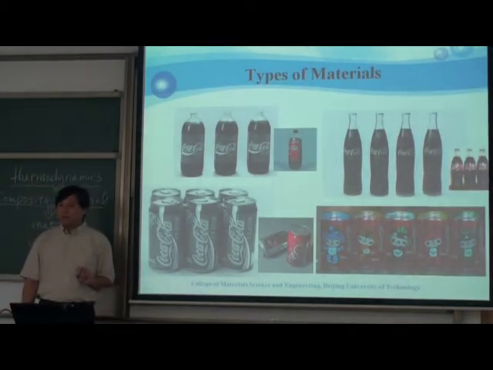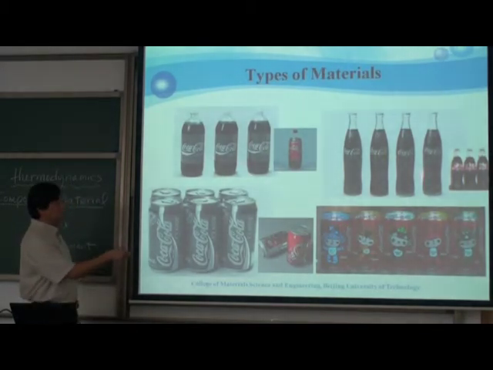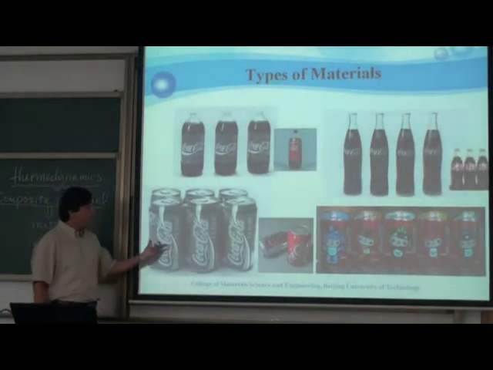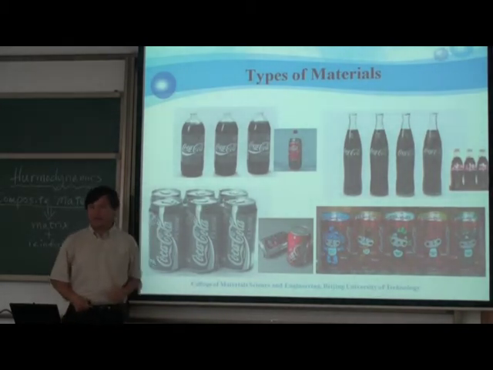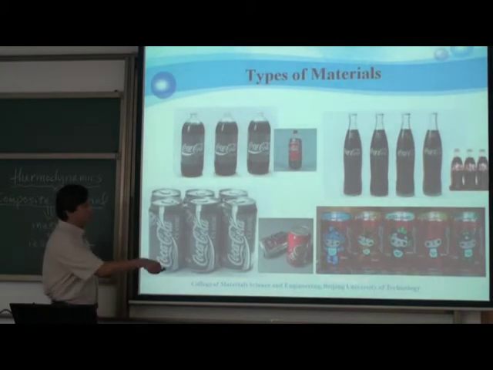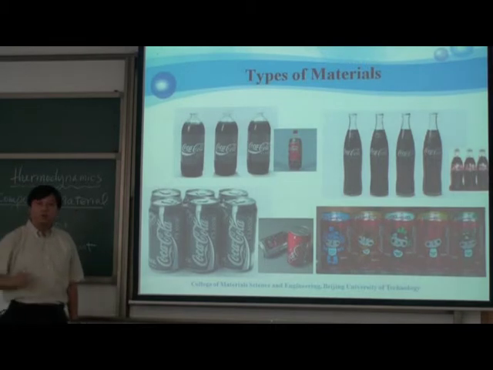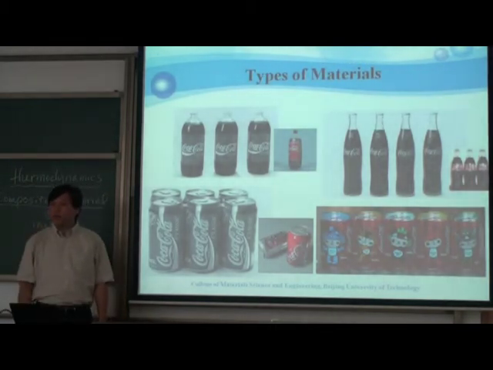But why do they make it into metal, ceramic, or polymer materials? Because each type of material will have different service capability. By using this kind of aluminum can, they are very convenient for refrigerator storage. It's very easy for people to carry.